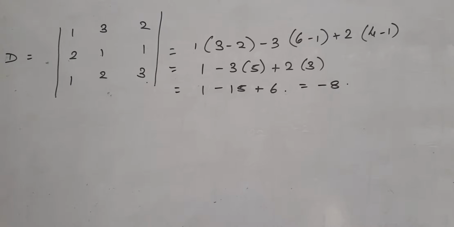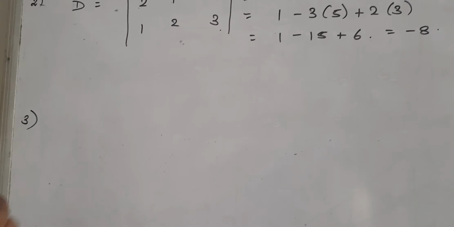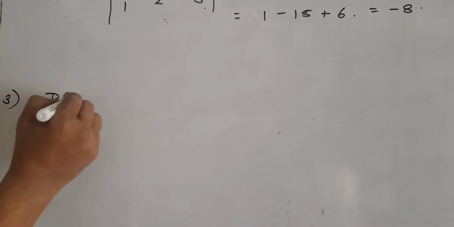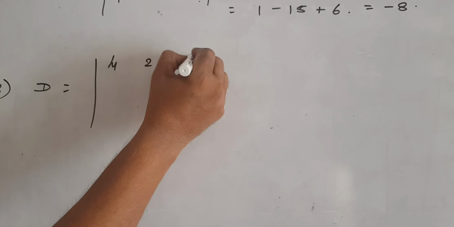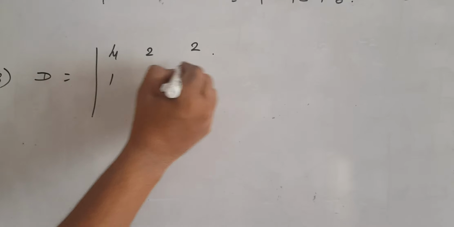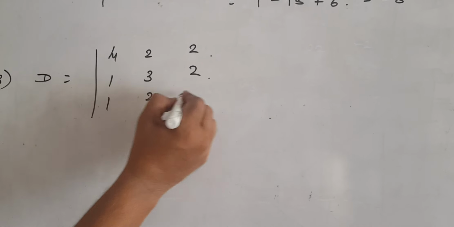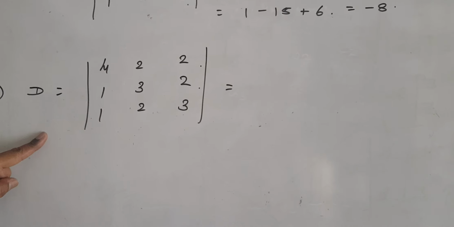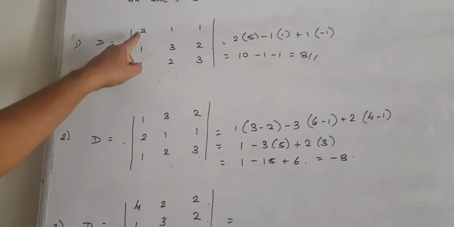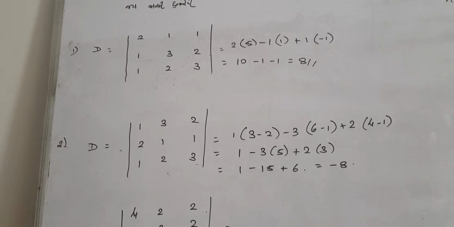Got it? Third one. I take D as 4 2 2, 1 3 2 and 1 2 3. Look, there is no change in these two determinants. I only multiplied 2 to the first row. So can I say like this only? 4 into 5 minus 2 into 1 plus 2 into minus 1.